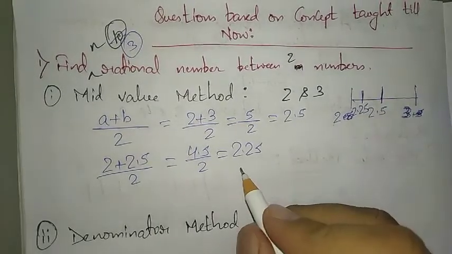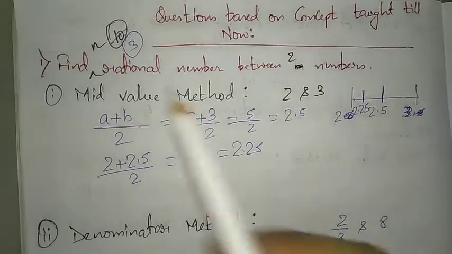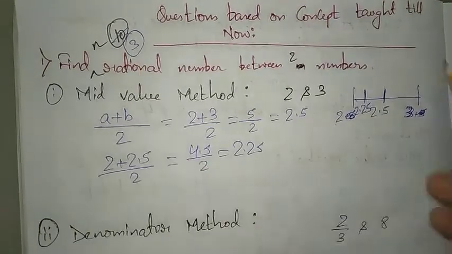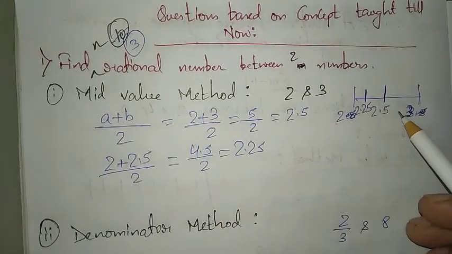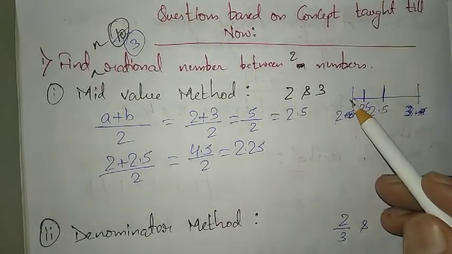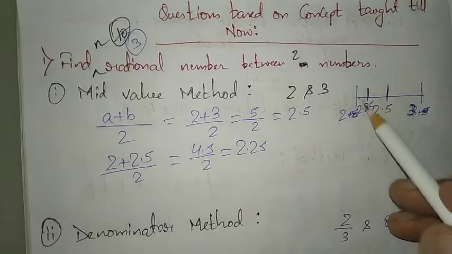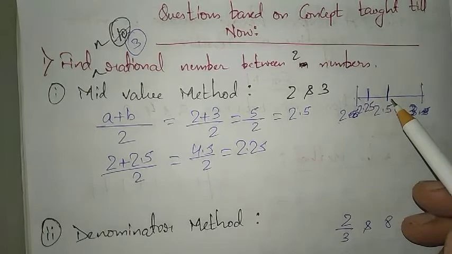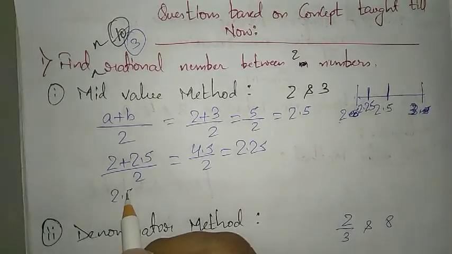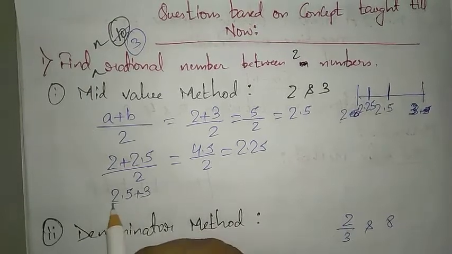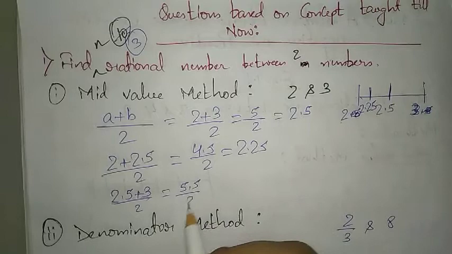Suppose they asked you the third. What is the third rational number? They've asked you three numbers now, which we assumed just now. So we have found out already 2.5 and 2.25. One more we'll try to find out. Between 2 and 3 we found out 1. Between 2 and 2.5 we found out 1. So let's now find out between 2.5 and 3. So this way we go 2.5 plus 3 by 2. This is 5.5 by 2.